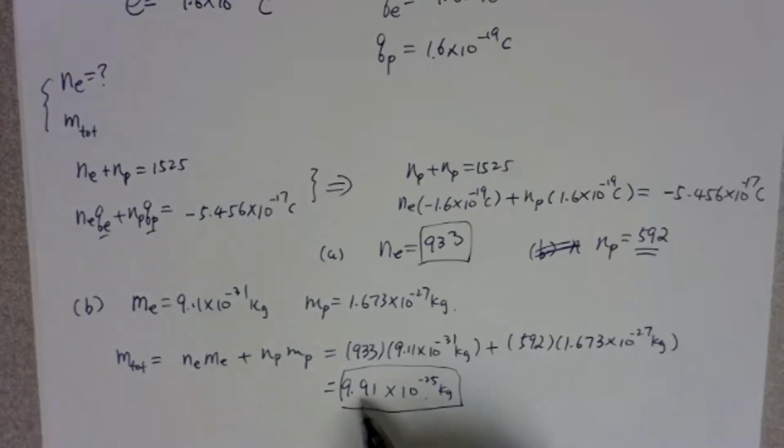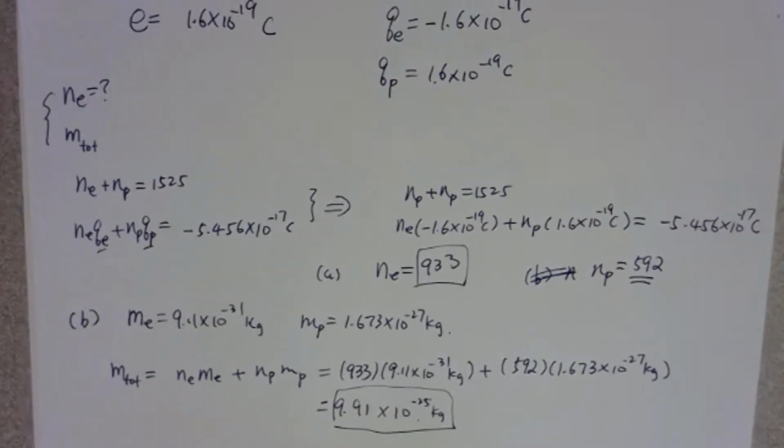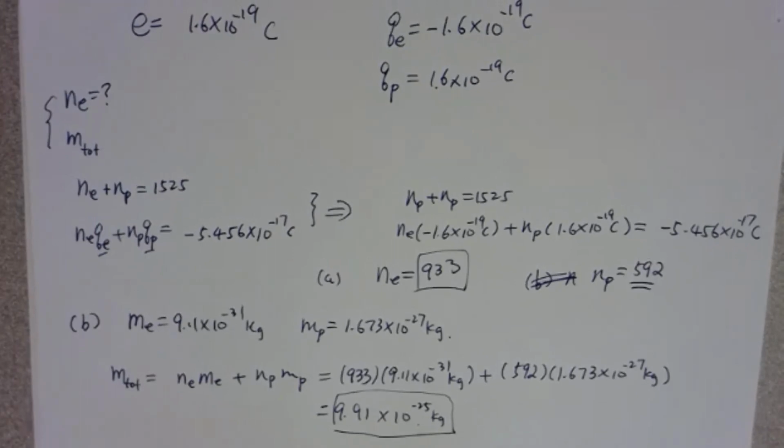It turns out to be 9.91 times 10 to the minus 25 kilograms for the total mass. You can see that the mass largely comes from the protons, because protons are much heavier than electrons. Okay, so let's go back to the slide.